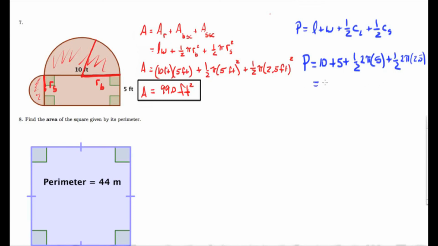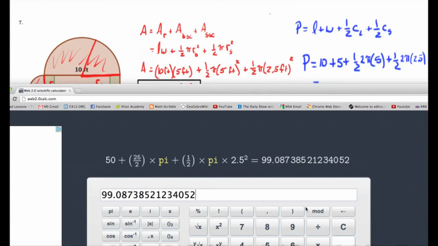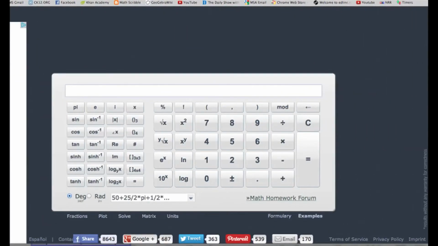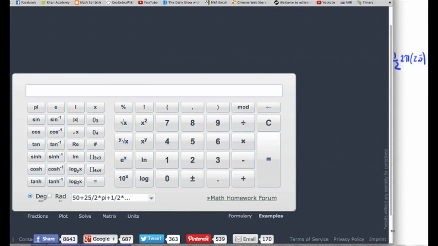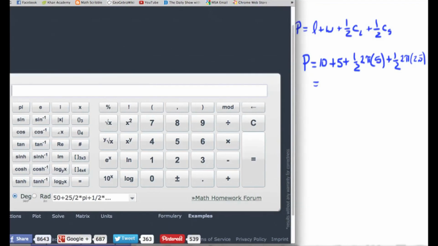So this is going to be, let's go back to our calculator. So I'm going to type in 10 plus 5 is 15. 15 plus, let's do 1 divided by 2.